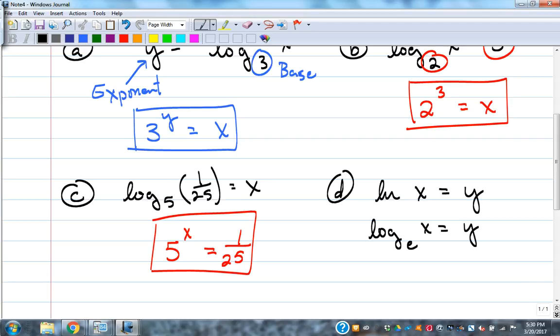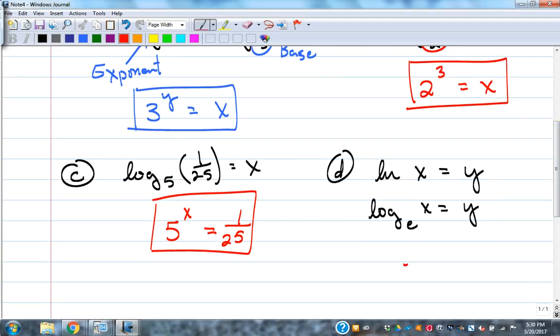They're going to write ln, natural log, but it's log base e. So when you're rewriting it as an exponential, that's e to the y equals x. Those are the same. They're going to write ln, but it's log. That means log base e.